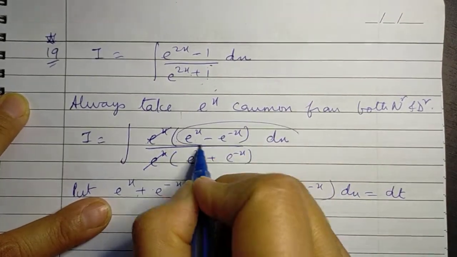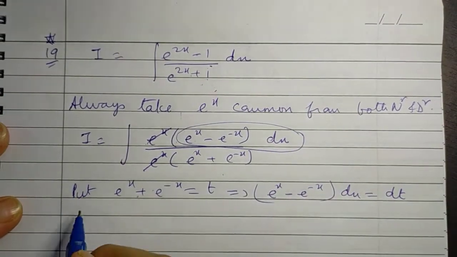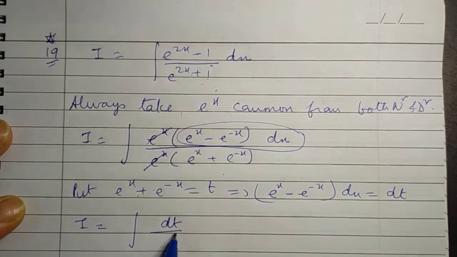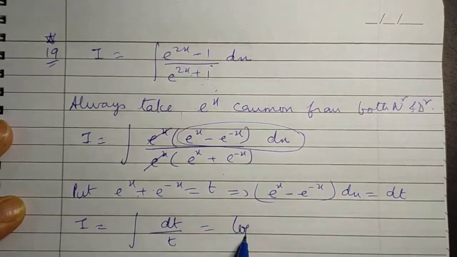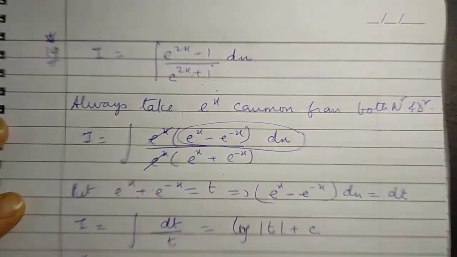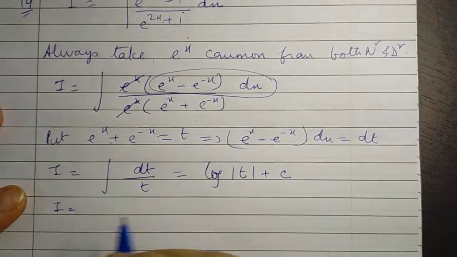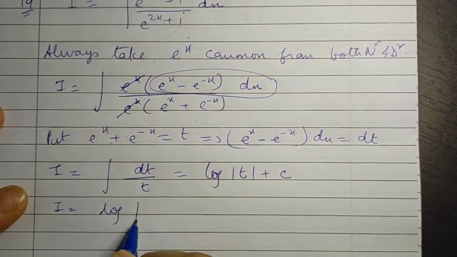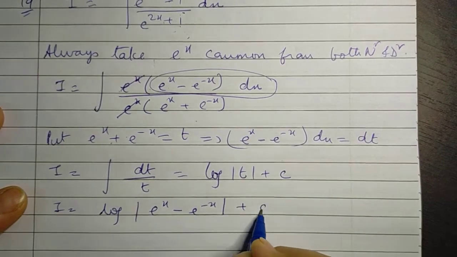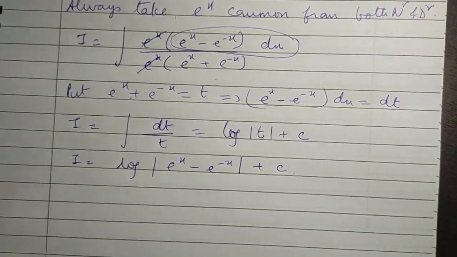So this portion gets absorbed in dt, and so I get this as dt over t, which is log of mod t plus c. Now replace back, we get the answer as log of modulus of e raised power x plus e raised power minus x plus c, which is the answer.